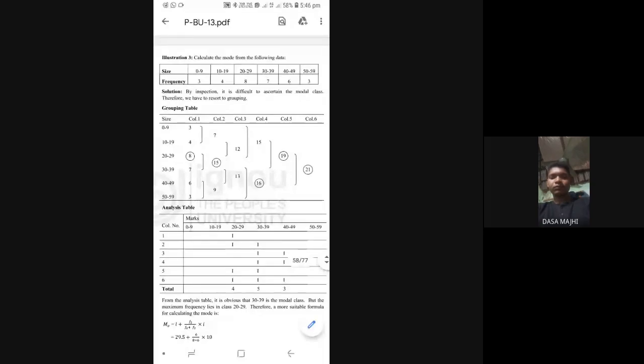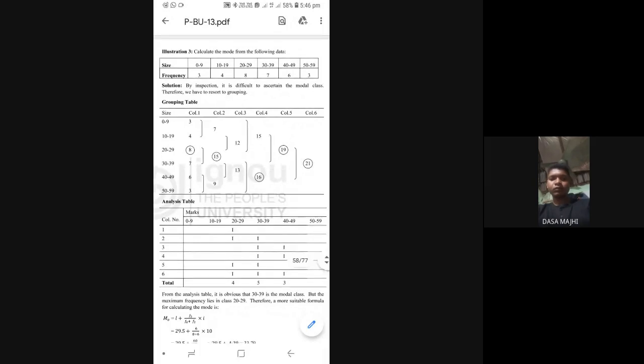You can see 8 is circled, which means 8 is the highest frequency. In the analysis table, in this format, 8 comes under 20 to 29. So go to the analysis table, under the heading 20 to 29, give 1 score.